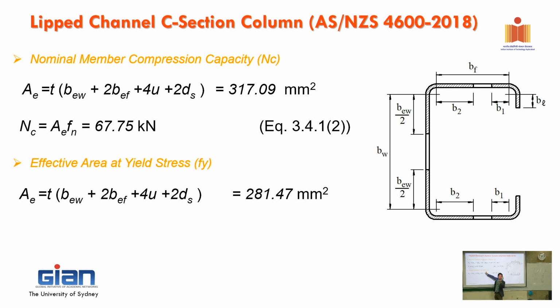F star is now equal to Fy, not Fn anymore. Then you got that area. So you see, that's interesting? Ae here with the yield stress is smaller than Ae of the column when it's buckled. Very interesting. So it can change. It's not always the same. So you have to make sure that you calculate the right cases.